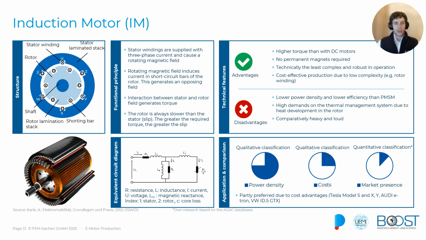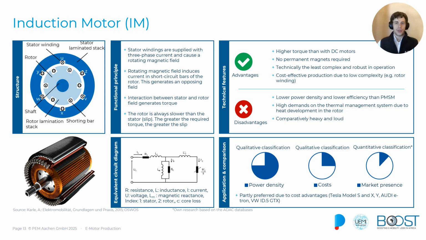The advantage coming with this design is an even more simplified construction and cost-effective production. Like with the EESM, we don't use permanent magnets and still gain a higher torque than we would with a DC motor.